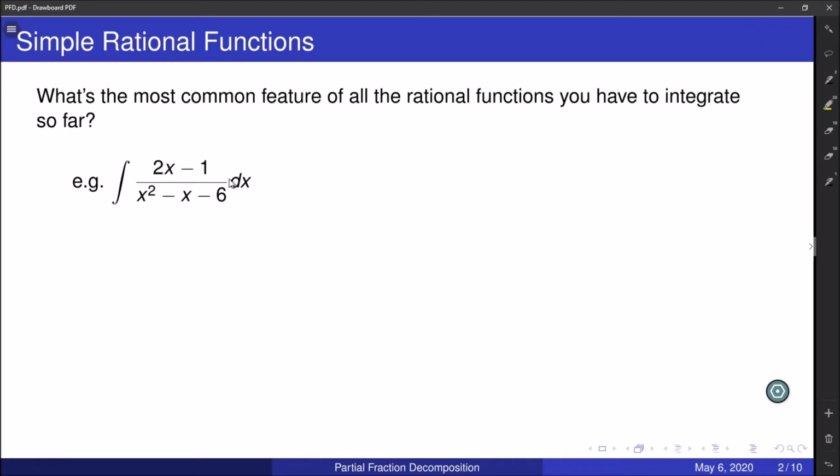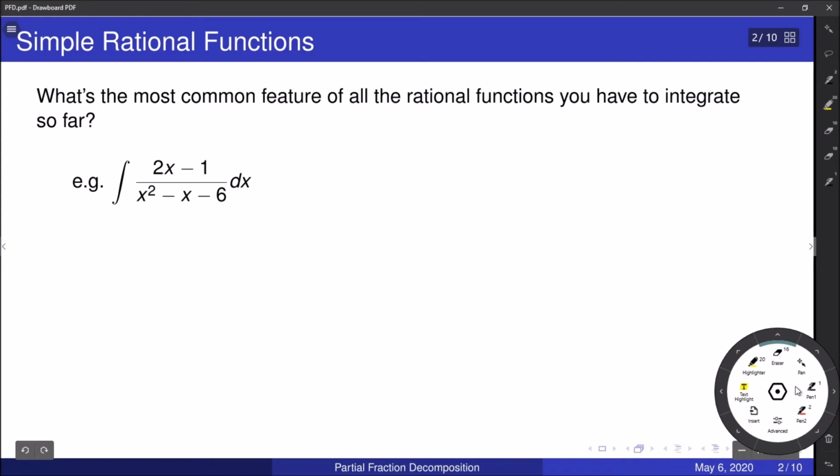It has an important feature that is common in most of the rational functions encountered so far in integral calculus. If you look carefully, you will notice that if we have a function y equals x squared minus x minus 6, its derivative is 2x minus 1.